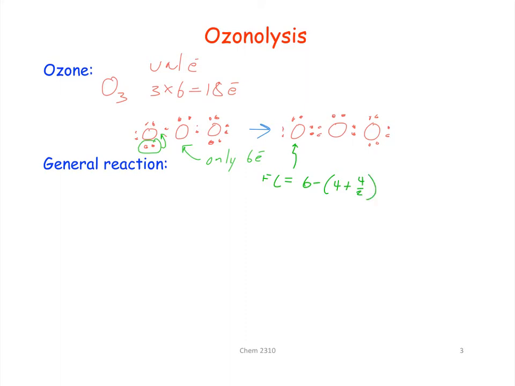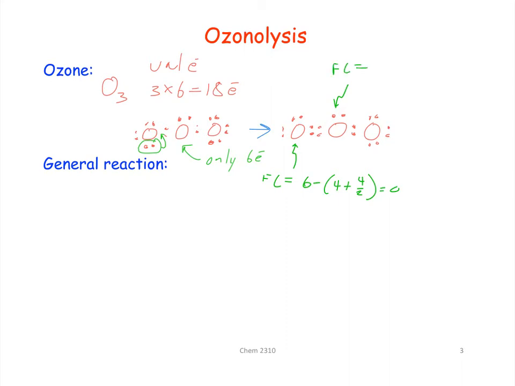So we got 6 minus 4 plus 2 is 6, 0. Okay, so that oxygen is neutral. And we kind of know this before, that if we have an oxygen with 2 bonds to it and 2 non-bonding pairs, then it should be neutral. So we've seen alcohols, right? Ethers.